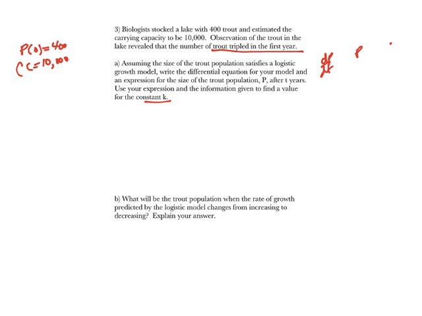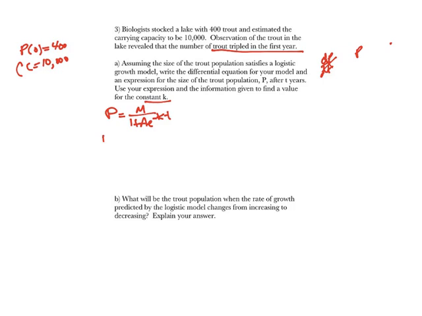Oh, so I'm looking for P. So I don't have to find dP/dt. Nope, I don't. I just need P. So remember that our formula is P equals M over 1 plus A e to the negative kt.